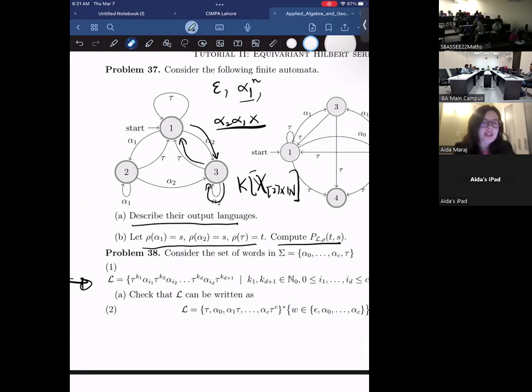So maybe some students can try the first problem because it's like 3x3 matrices. So I don't think it's that bad. It's not bad at all.